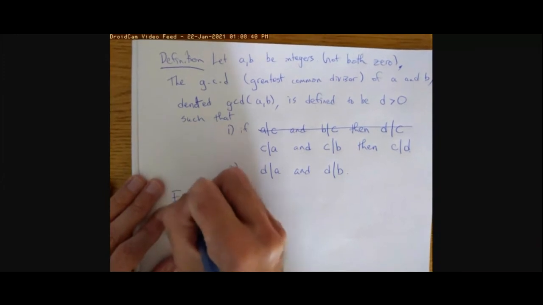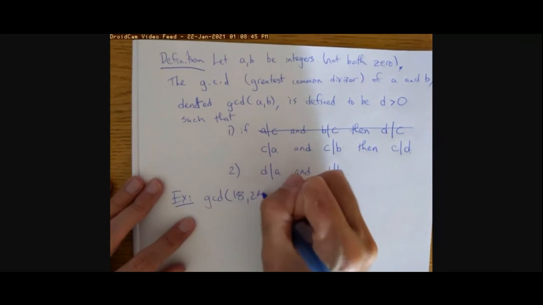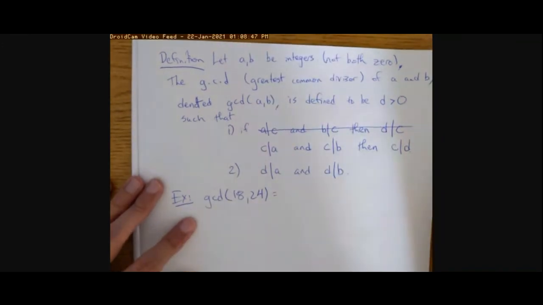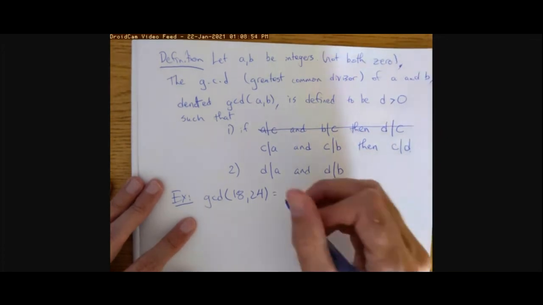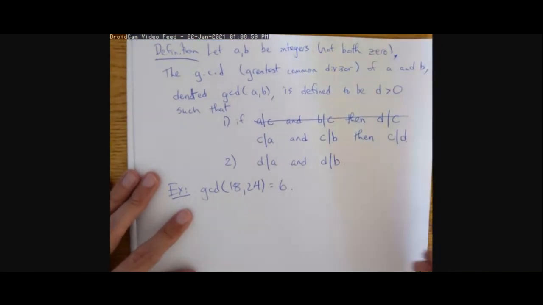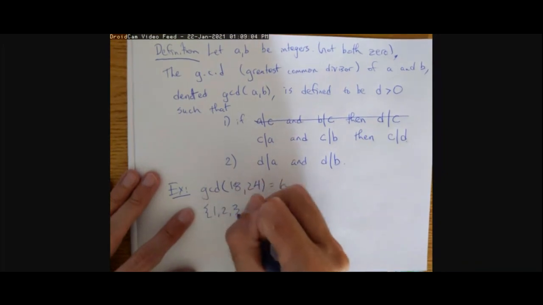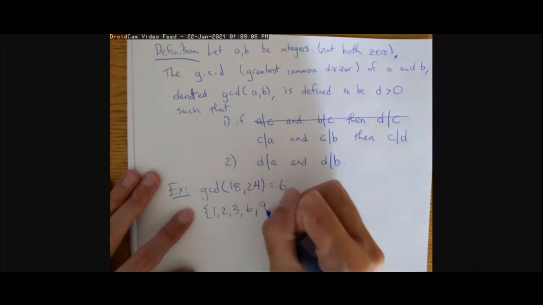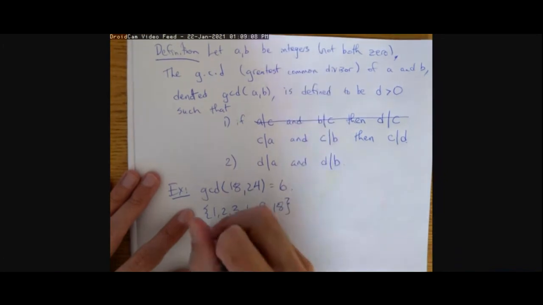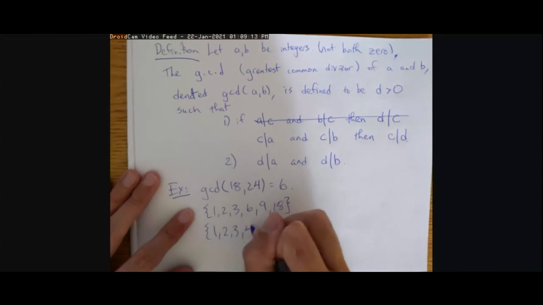For example, the GCD of 18 and 24. That is just, I guess, 6. Okay, and just straight from the definition, here are the positive divisors of 18, and here are the positive divisors of 24.